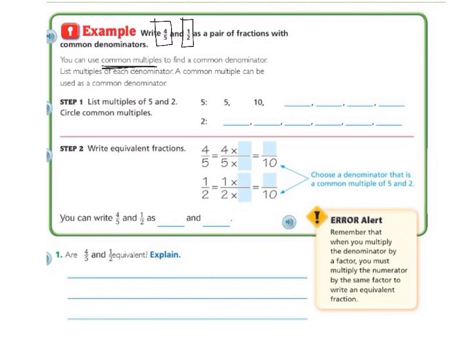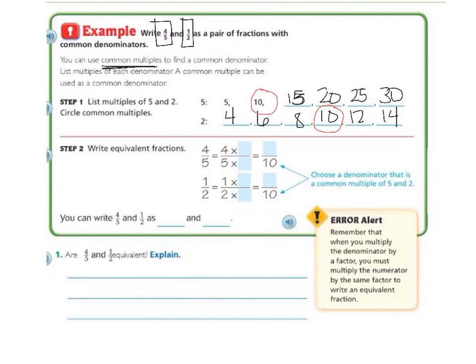So if I'm skip counting by 5, I would say 5, 10, 15, 20, 25, 30. And if I'm counting by 2s, then I would say 2, 4, 6, 8, 10, 12, 14. And then I would look and see what they have in common. Oh, look, 10. They both have 10.